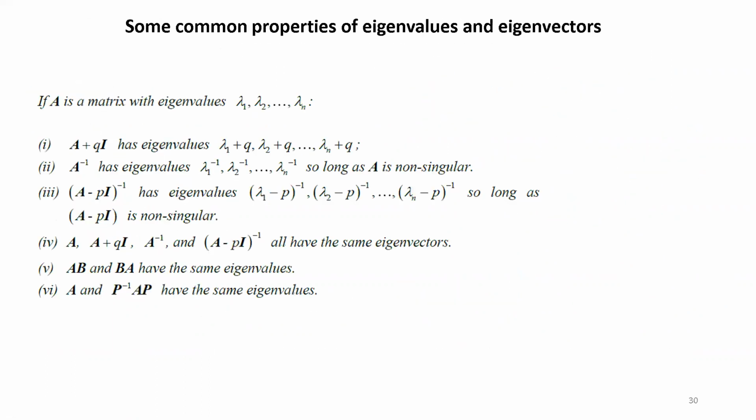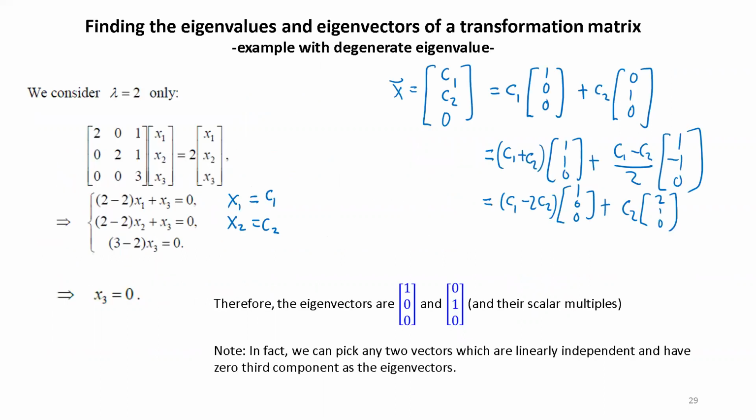So this is the special case. When you see repeated eigenvalues, you need to be careful. In fact, it's not always the case that with repeated eigenvalues you are able to find the two degenerate eigenvectors. Sometimes they don't exist. I'll give you an example later.